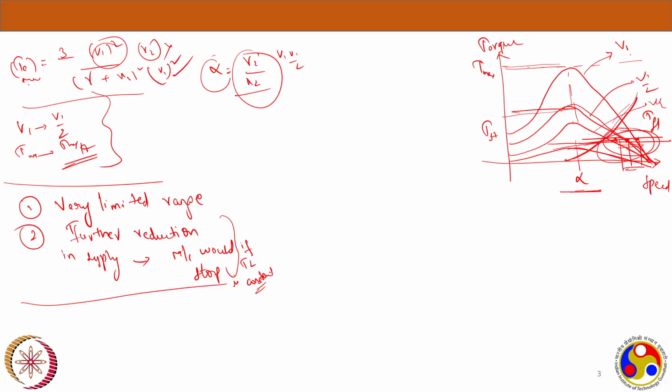The reason we went further with supply voltage reduction is that, even though my maximum torque goes very low, the slip at which the maximum torque occurs remains the same. We just discussed the concept, but application wise we need a good speed control objective.